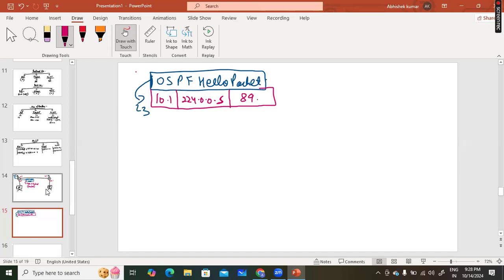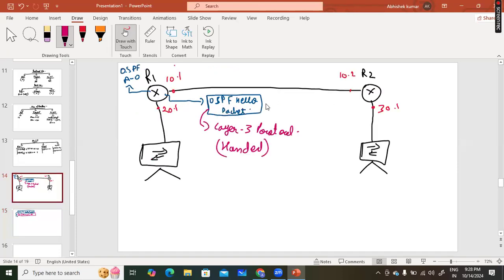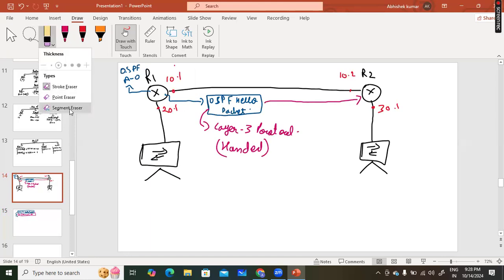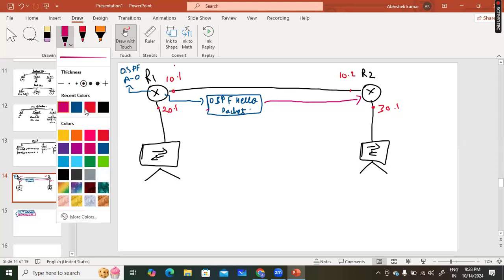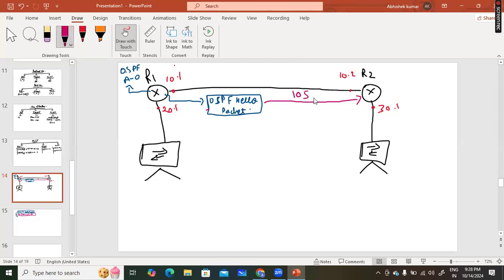Now this hello packet will be generated and handed over to router 2. Will router 2 reply to this or not? No. Then what will happen? It will not drop the packet straight away, it will hold some time. How much?